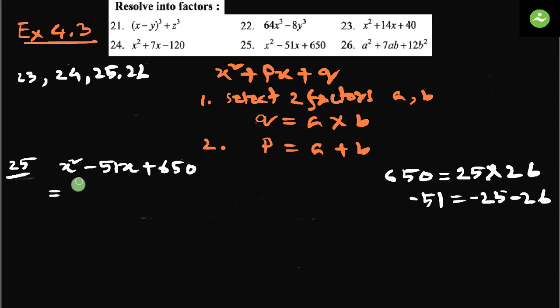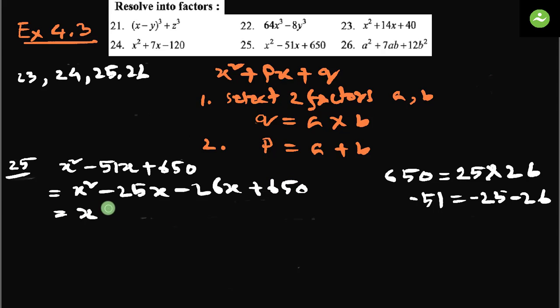Equals x squared minus 25x minus 26x plus 650 equals x common, x minus 25, minus 26 common, so x minus 25.